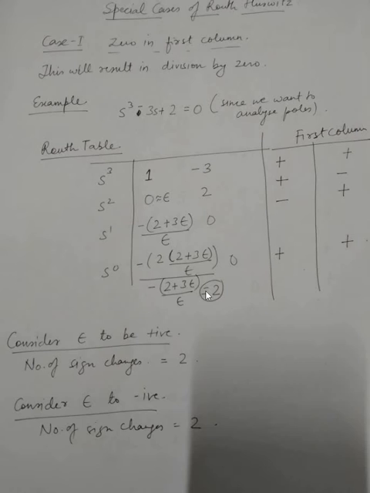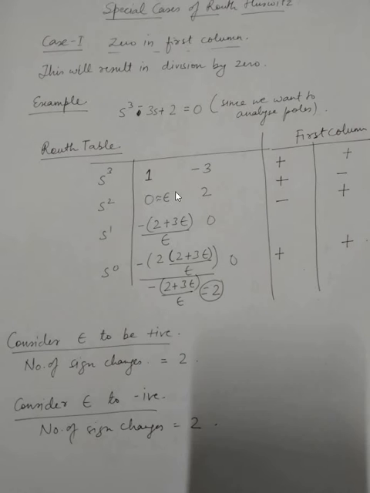Alright. Now the problem is how will you ascertain the stability? How will you interpret this table? You can either consider this small quantity to be positive or you can consider it to be negative. Whichever you consider, you will get the same interpretation for the table.